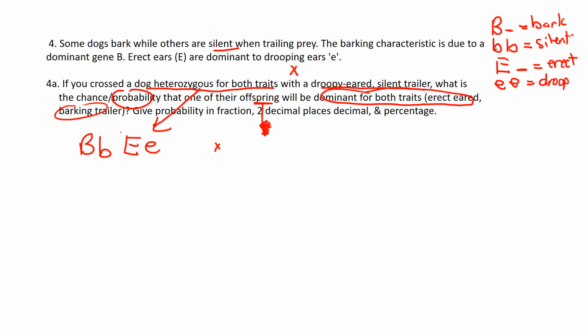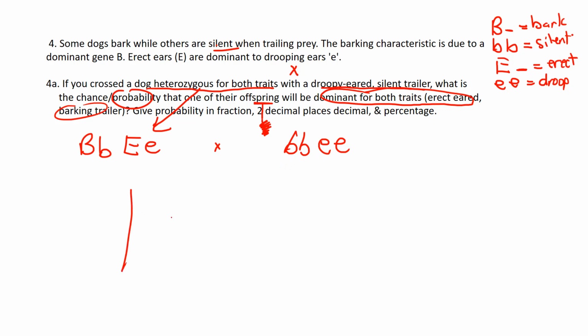So in this case, I put the barking trait first and the ears second. So they're saying droopy ears, so it's going to be little e, little e, and a silent trailer, so little b, little b. Even though it was worded differently in there, I am going to put my barking trait first and keep that consistent in the question.